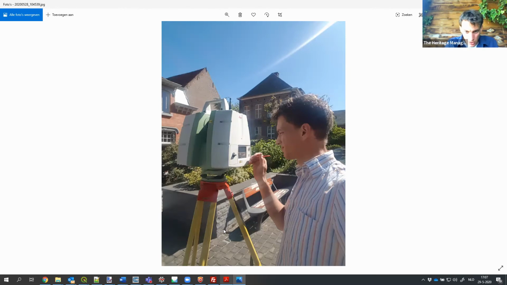If you're familiar with a total station, you know that you have to level your total station, resulting in a vertical axis that is pointing upwards in relation to the gravity of your site. And you have a horizontal plane, and in that horizontal plane you have an x-axis or an x0 direction, and perpendicular to that you have a y-axis.